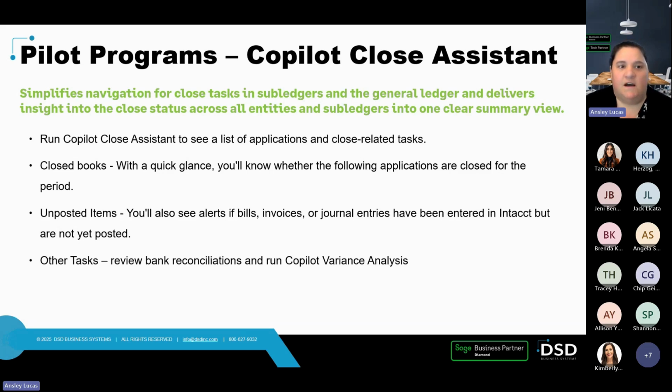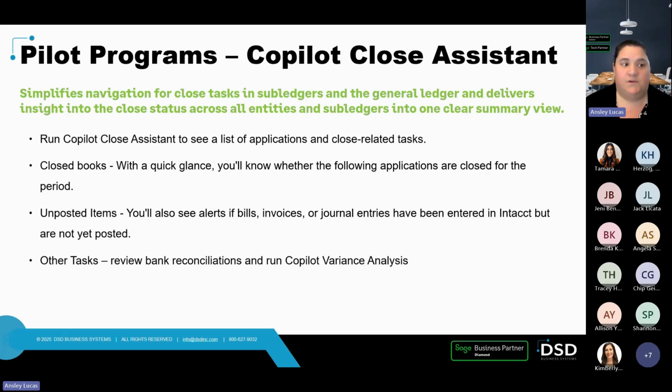So the first one we're going to talk about is the Copilot Close Assistant. Basically what this does is it helps simplify the navigation of close tasks in the subledgers and the general ledgers, and delivers insight into the close status across all entities and subledgers in one clear summary view. If you run Copilot Close Assistant, you can see which applications you have, whether it's GL, AR, AP, cash management, and any of the close related tasks.